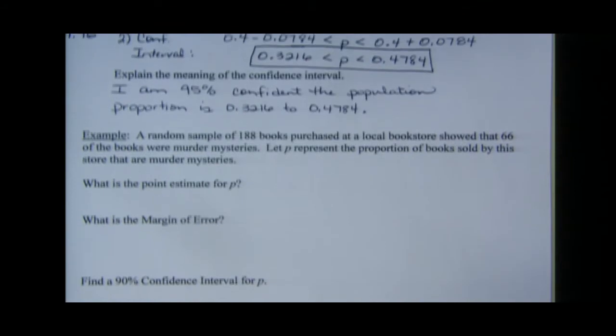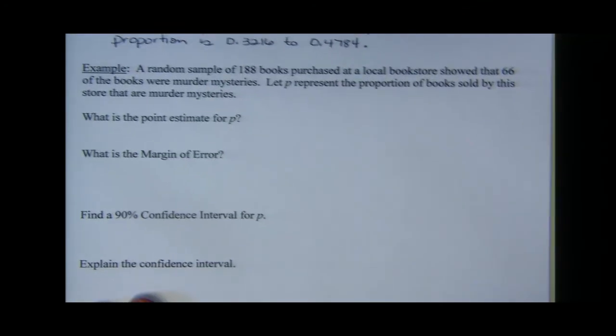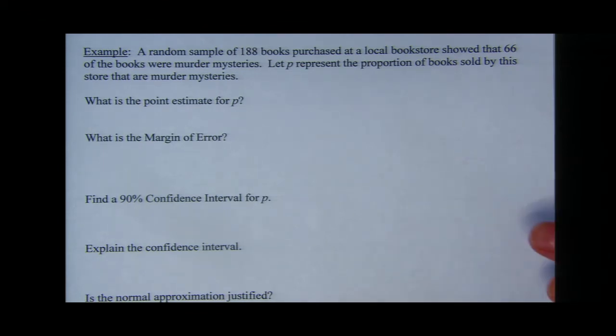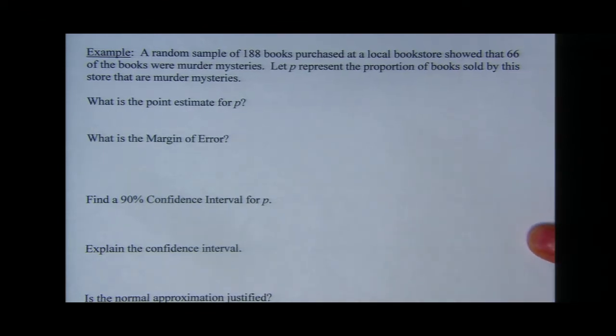All right, so now a problem that actually refers to something specific. So we have a random sample of 188 books that were purchased at a local bookstore and showed that 66 of those books were murder mysteries. Let P represent the proportion of books sold by this store that are murder mysteries. So they're trying to figure out what proportion of books they sell that are actually murder mysteries.